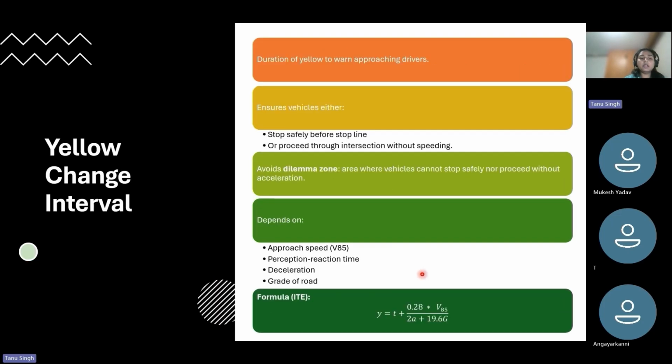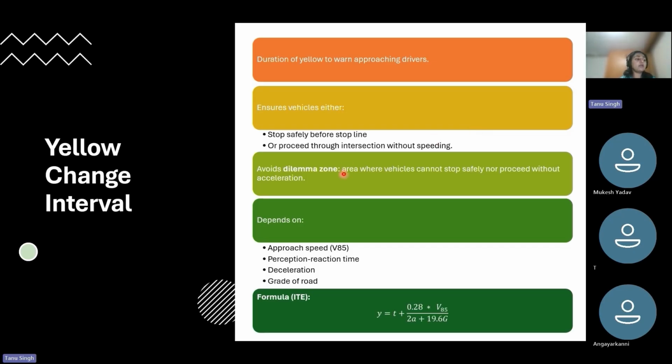Now coming to the yellow change or amber change interval. This is the duration the signal shows the amber light before red. Its purpose is to allow the driver either to stop safely before the stop line or to proceed through the intersection safely without speeding.